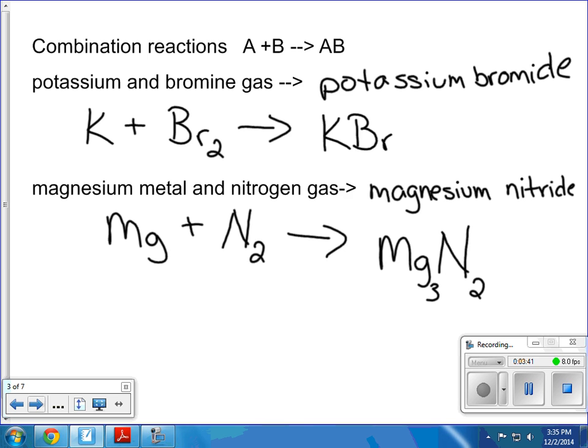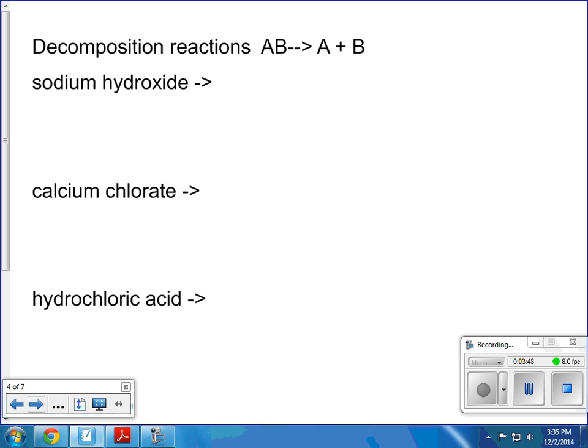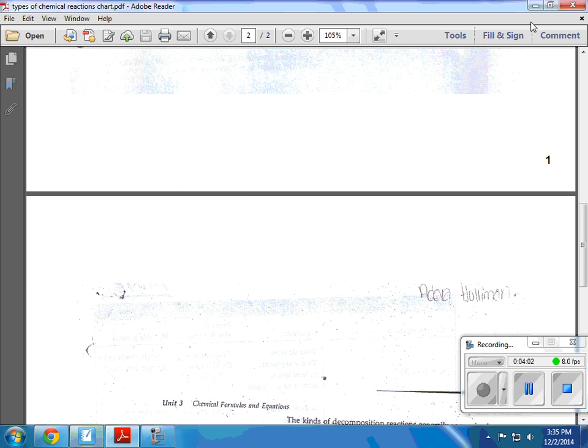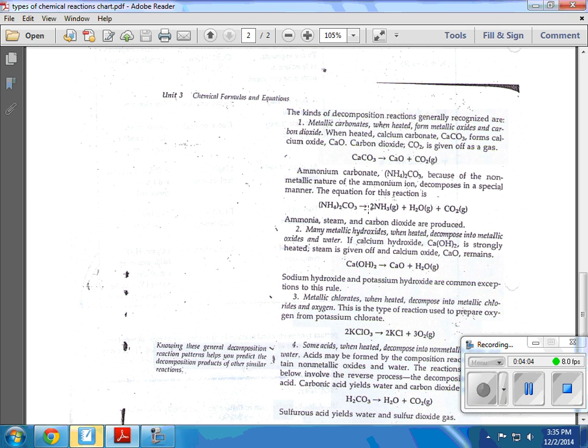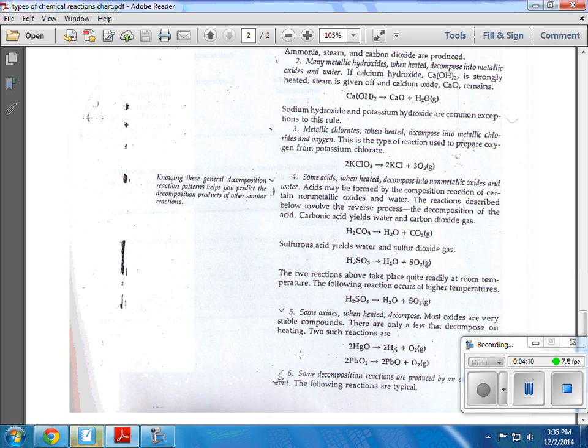All right, our next type, decomposition reactions. Decomposition reactions, you will need a chart that's on the website. It looks like this. Blow it up a little bit here. It's the second page. And so each one, there are 5 different types, so they're numbered 1, 2, 3, 4, and 5.